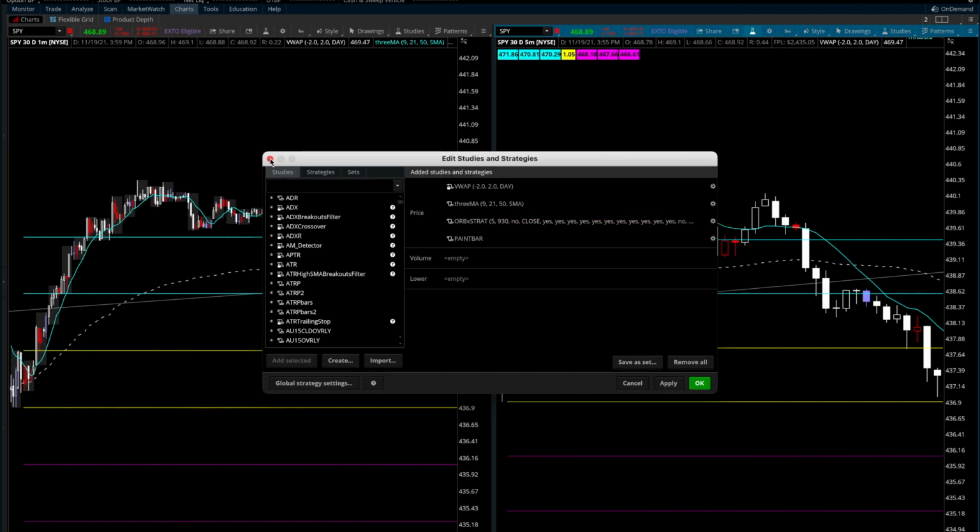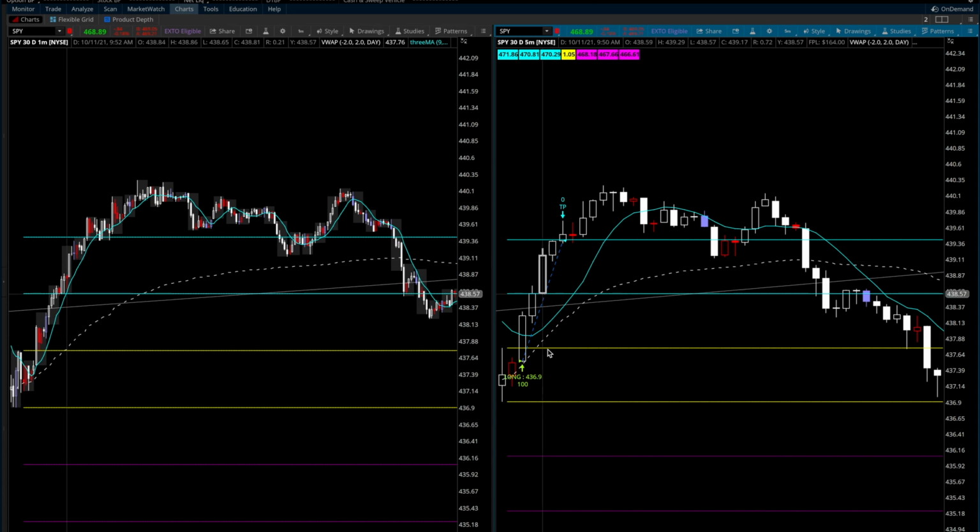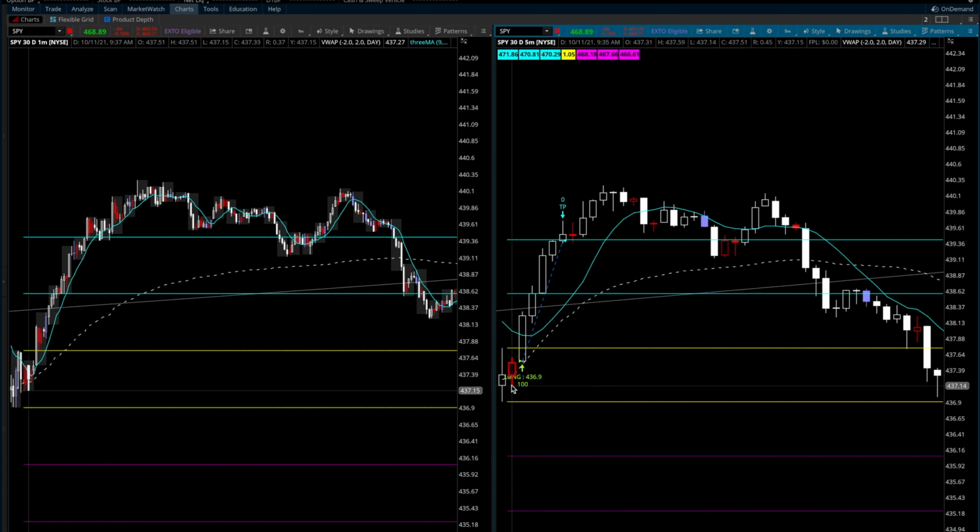I just wanted to see what a 1-to-1 and 1-to-2 risk reward would be based off of the opening 5 minutes. So this is your opening range in yellow. Each line is just your opening range. The same distance here is here and here.